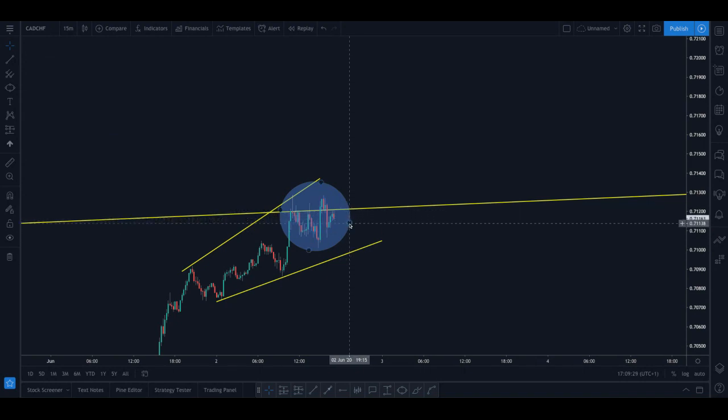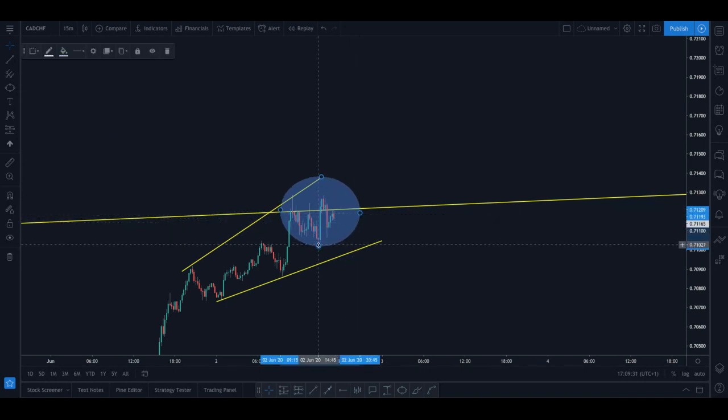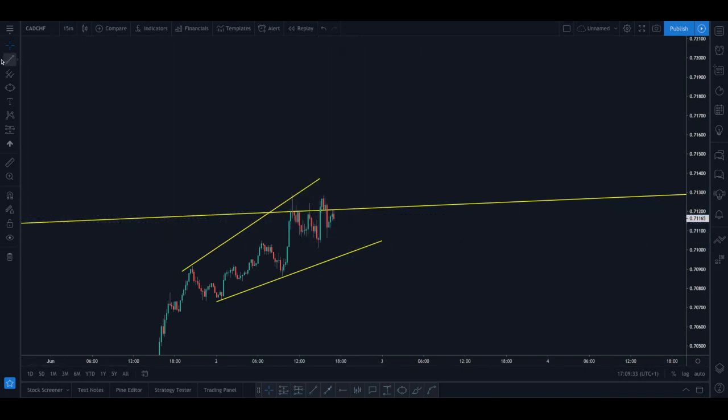We are consolidating at the moment, and once we get a break of this range, and in fact I'll use this to draw it in, and I'll switch it to a line for now. Once we get a break of this range, then we will look for bearish signs.